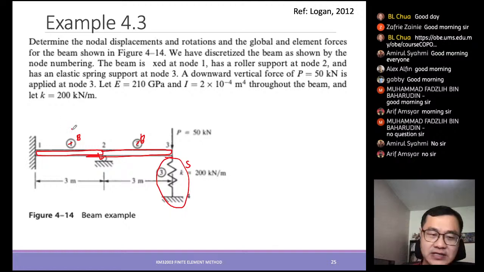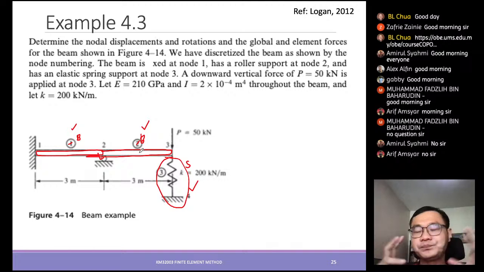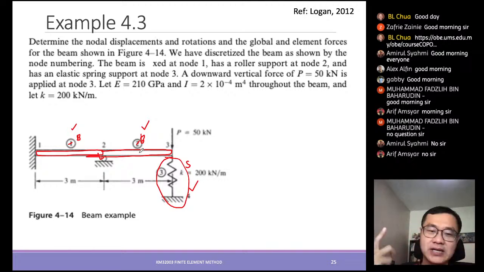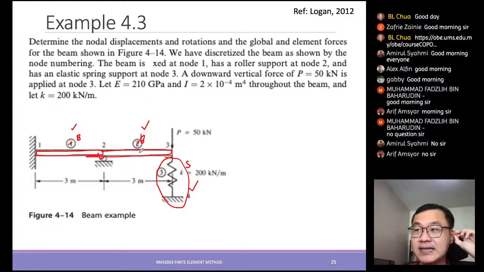Once you have a spring element, you just assemble them together. You have a stiffness matrix for this and a stiffness matrix for this. For this one you use the spring stiffness matrix, combine them together, and assemble into the same global stiffness matrix. You can solve them simultaneously, right? So that would be the idea. Meaning to say, you can combine different types of finite element into your problem according to the function of it.